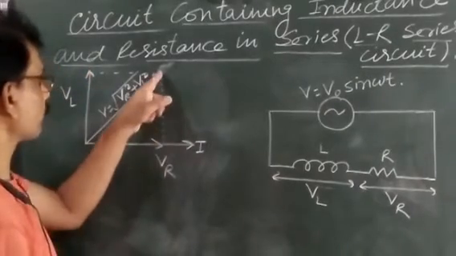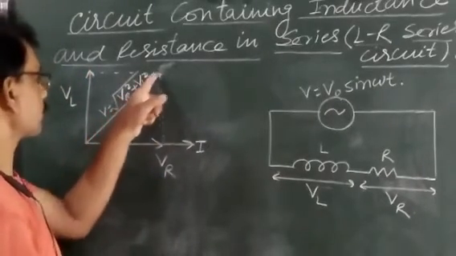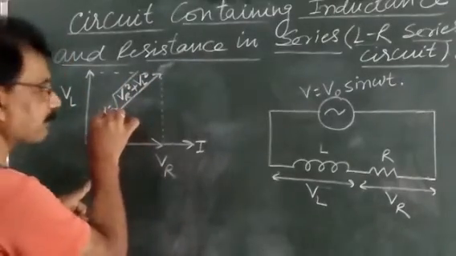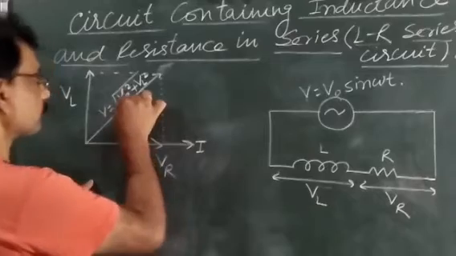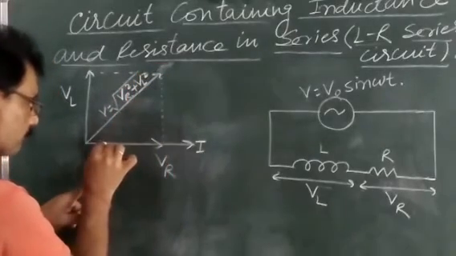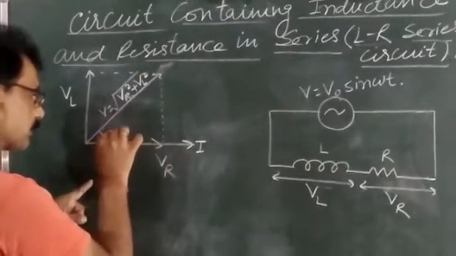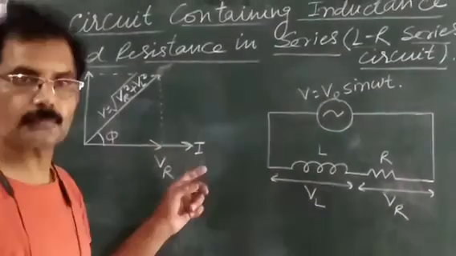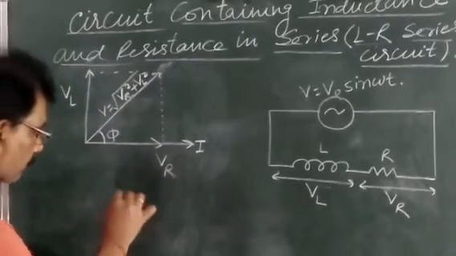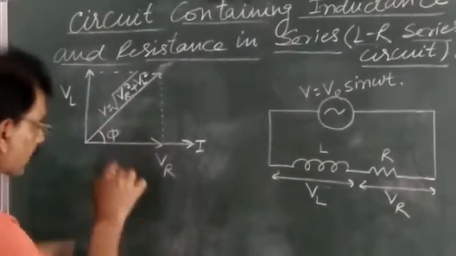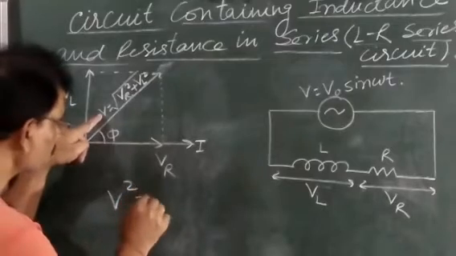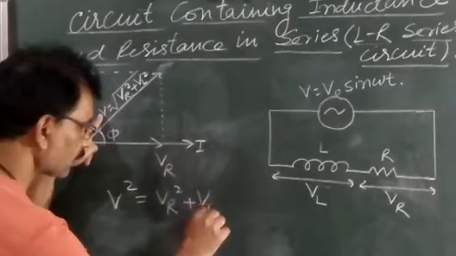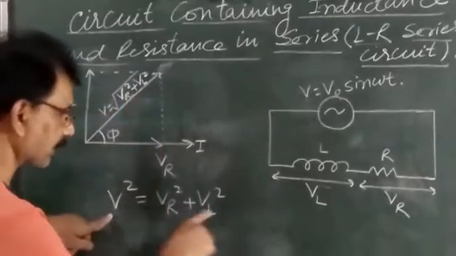Suppose this applied voltage V makes angle phi with current I. So you can write the applied voltage V square is equal to VR square plus VL square.